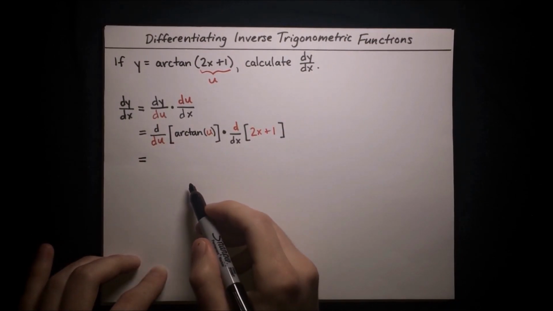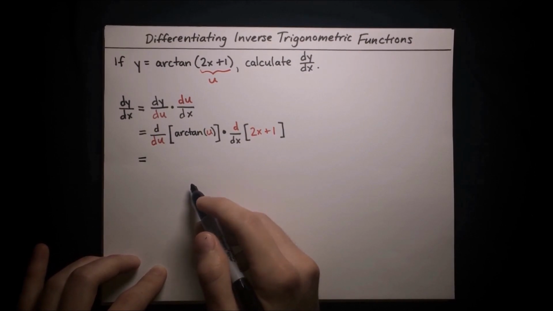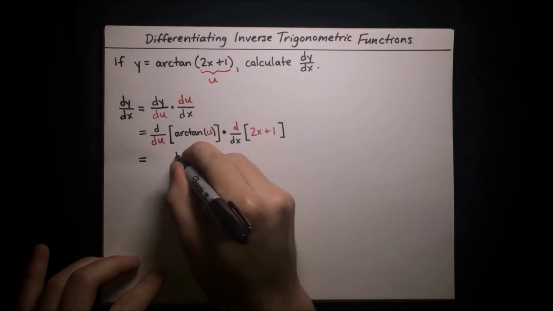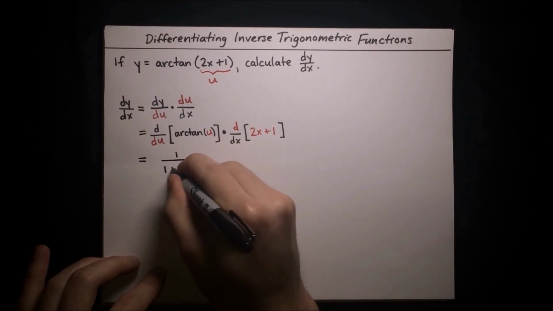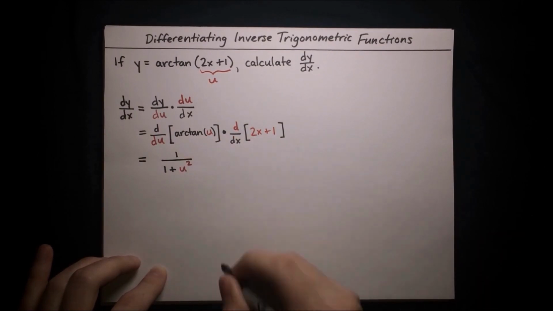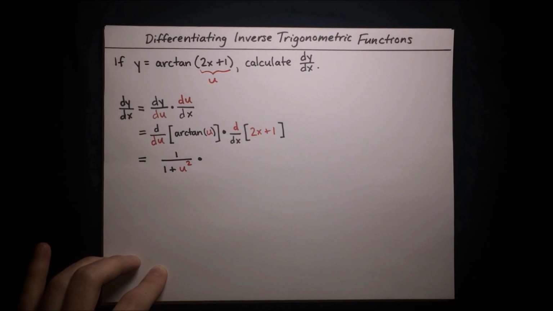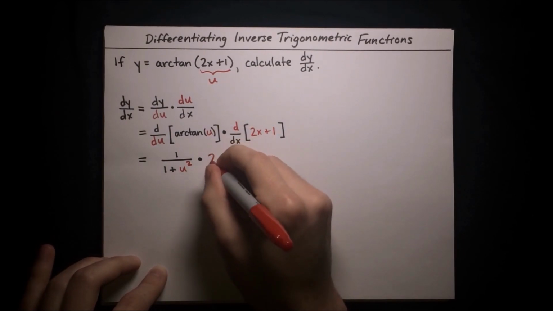The derivative with respect to u of arctangent of u, well, just using our standard formula for arctangent, that becomes 1 over 1 plus u squared. And then multiply by the derivative with respect to x of 2x plus 1, and that's just 2.